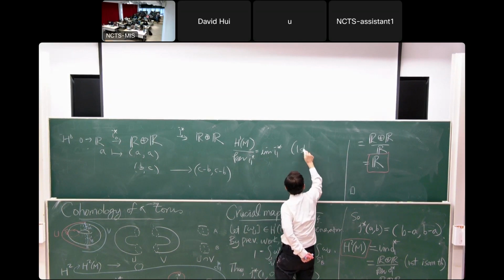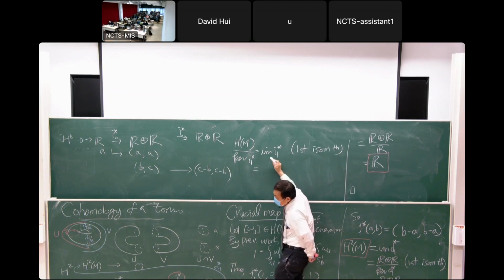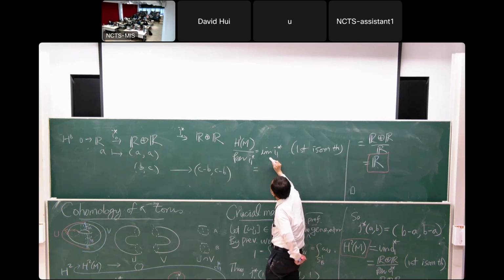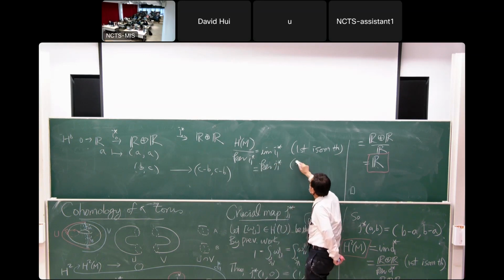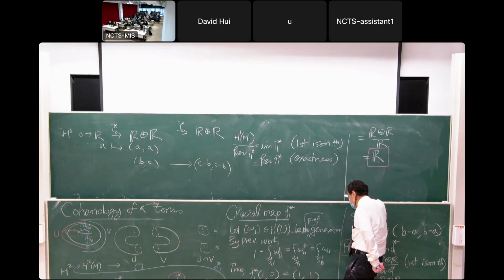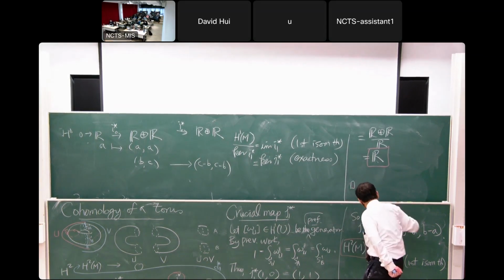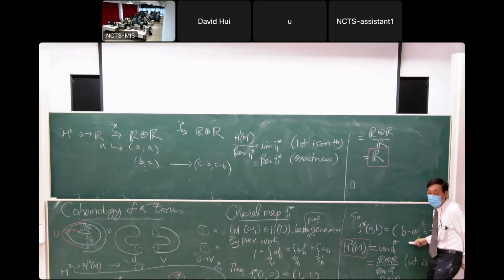Okay, that's the first isomorphism theorem. And then the image of I1 star is the kernel of J1 star. Yeah, that's exactness. And where is my J1 star? J1 star is here. What is the kernel of this map?